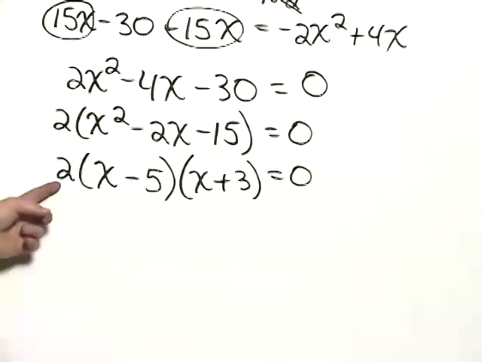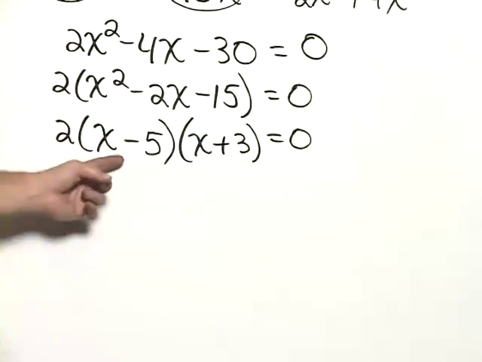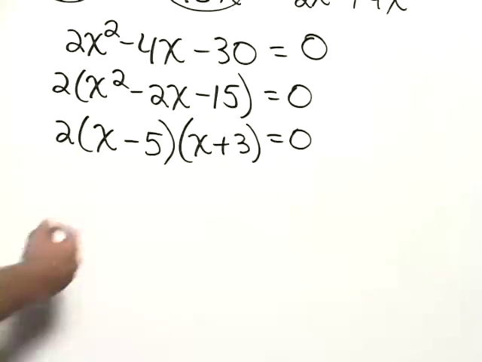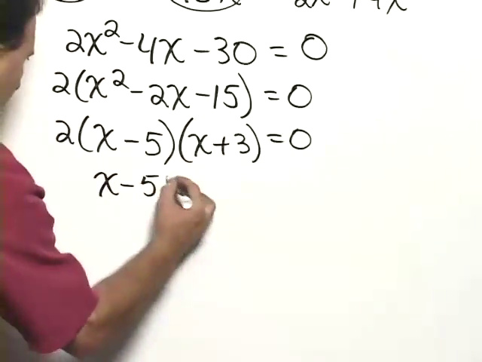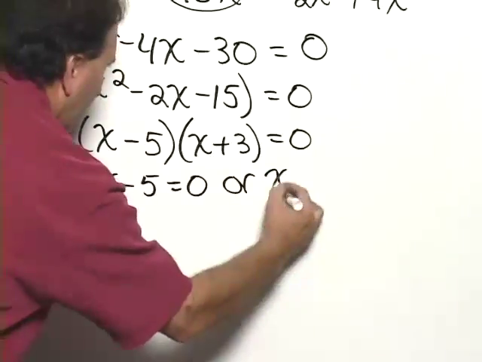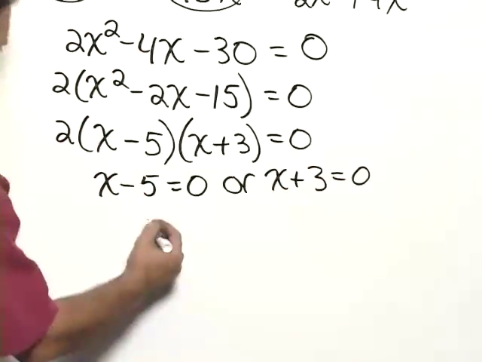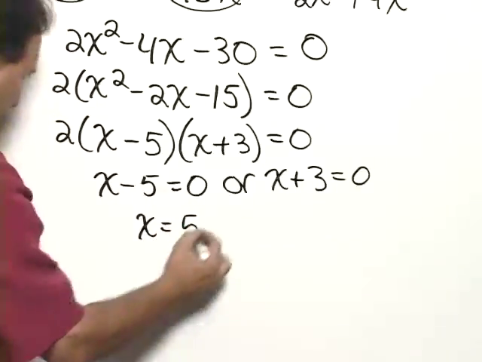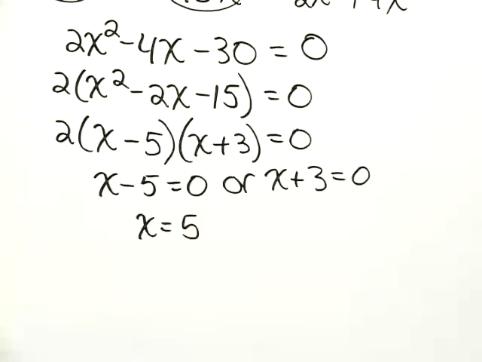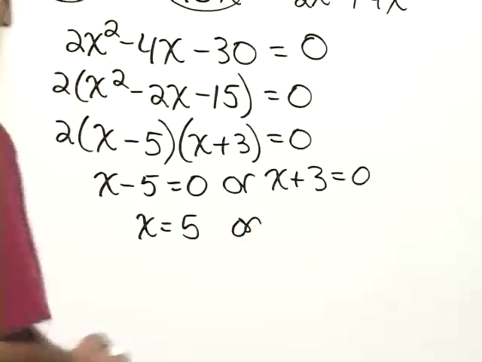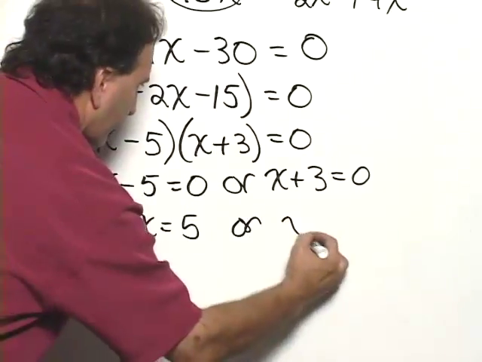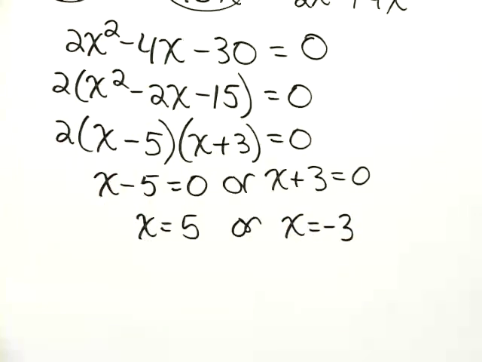Now, of course, the 2 can't equal 0, so we just simply say x minus 5 equals 0, or x plus 3 equals 0. This gives us a solution of x equals 5 by adding 5 to both sides. Over here, we subtract 3 from both sides, giving us a solution of x equals negative 3.